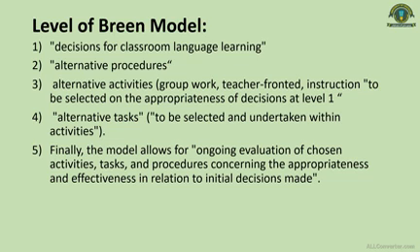It is concerned with making general decisions about classroom language learning, who needs to learn what, how they prefer to learn it, when, with whom, and so on. So basically, that first level is involved with making decisions about how, when, where, at which level, with whom that learning should be developed or should be designed.